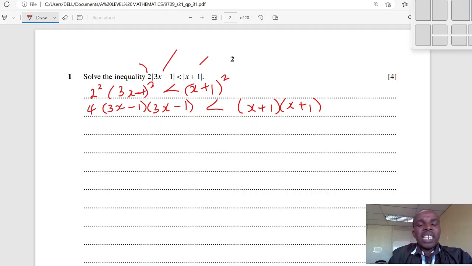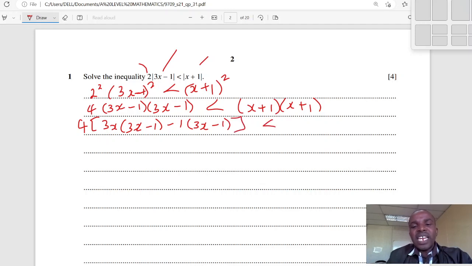Now let's expand the left and the right side of our inequality sign. We can maintain our 4 outside the bracket. Then 3x, the values in the first bracket multiply the second bracket. So you have 3x in the first bracket and minus 1. 3x multiplies 3x minus 1, and minus 1 multiplies 3x minus 1. Close our bracket, then less than.